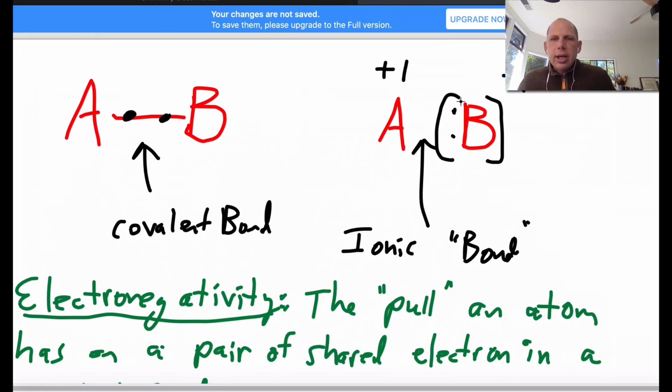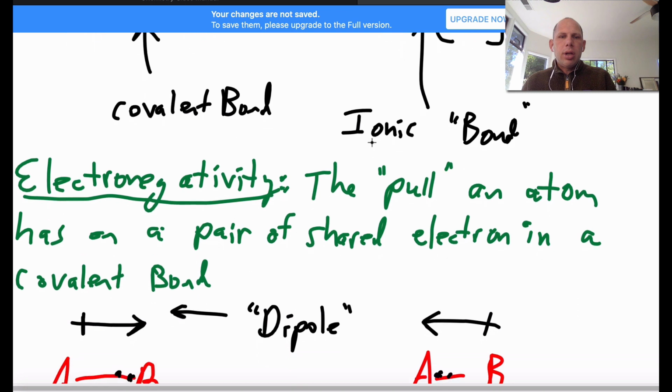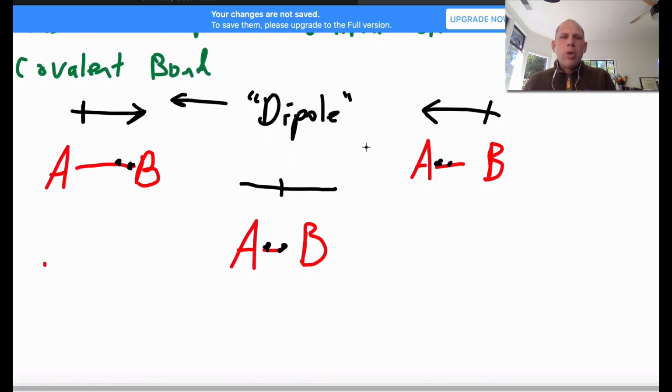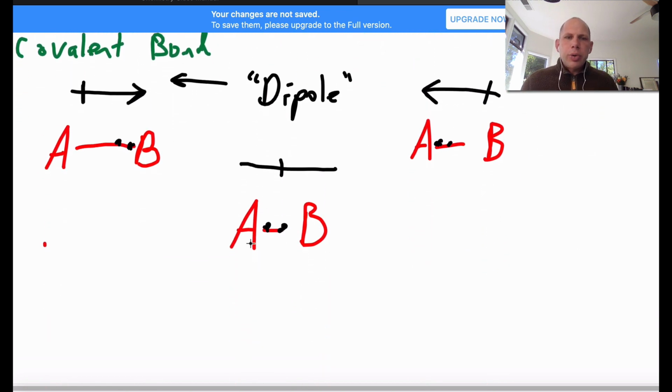Why is B negative? Well, B is negative because the electrons were fully transferred from A to B. So now B has more electrons than it did before. It owns those electrons. A does not. Well, in a covalent bond, we never have a full transfer. These are shared electrons.